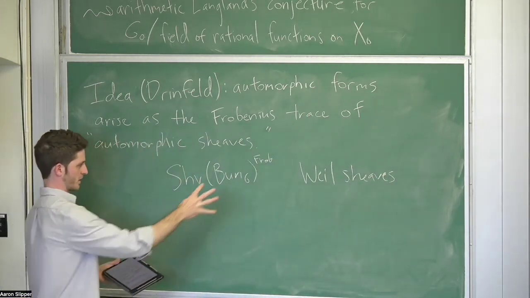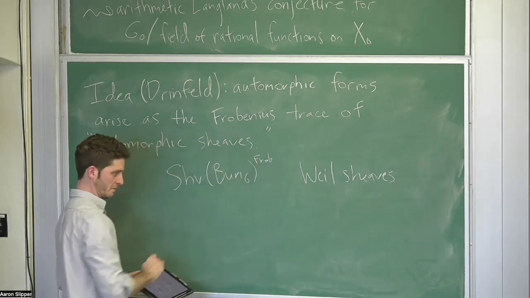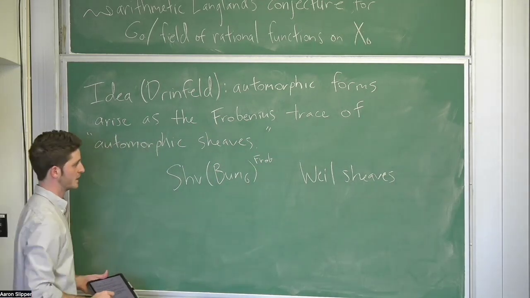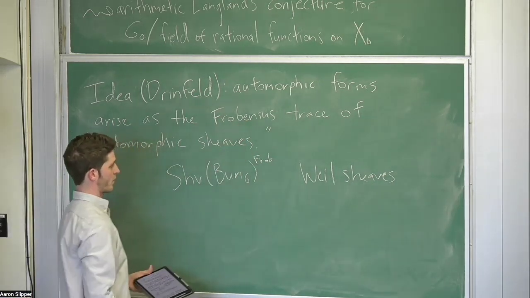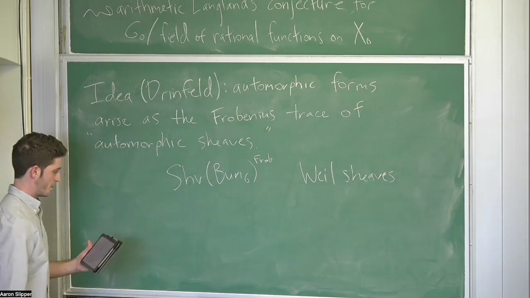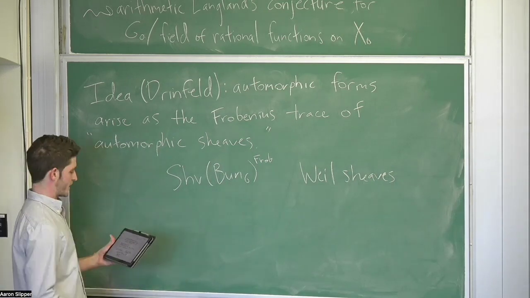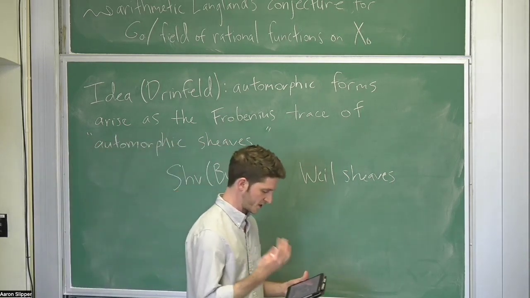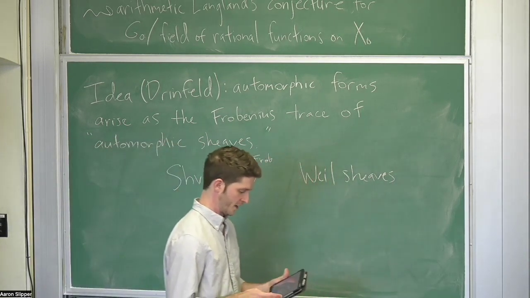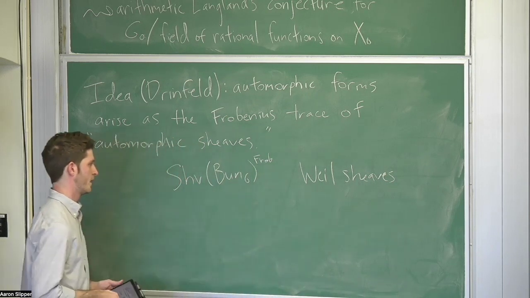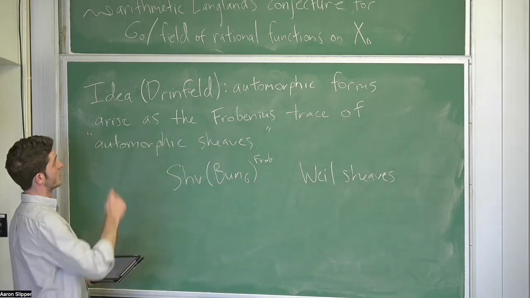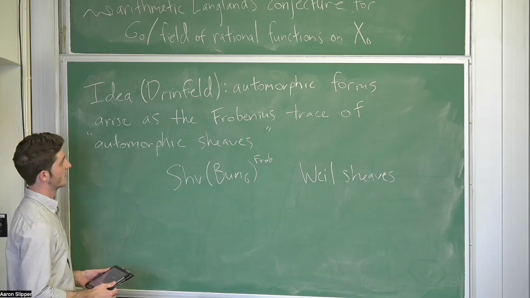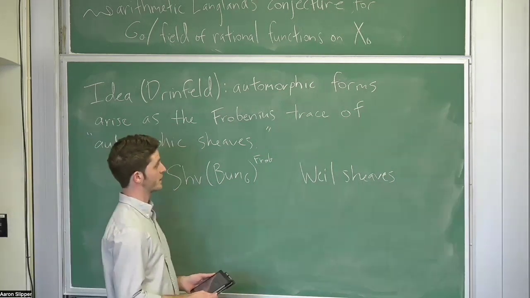So ideally, we would be able to construct Hecke eigensheaves here, and therefore get automorphic forms by taking the trace of Frobenius. But this Étale version would also give us something better. So this would give us a perspective. We'll see it does in fact give us a refinement of the original Langlands conjecture for a function field.